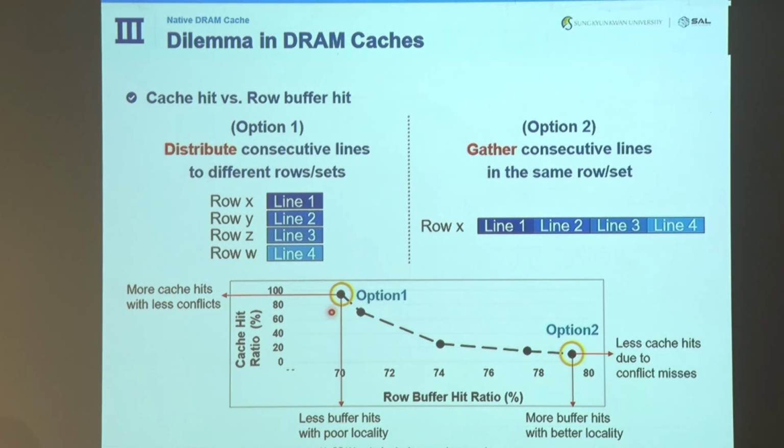On the other hand, placing them in the same set, as depicted in the right option 2, can enhance the row buffer hit ratio. However, that being the case, the cache hit ratio can be degraded due to cache conflicts. This illustrates the address mapping dilemma in DRAM caches highlighted in prior work.